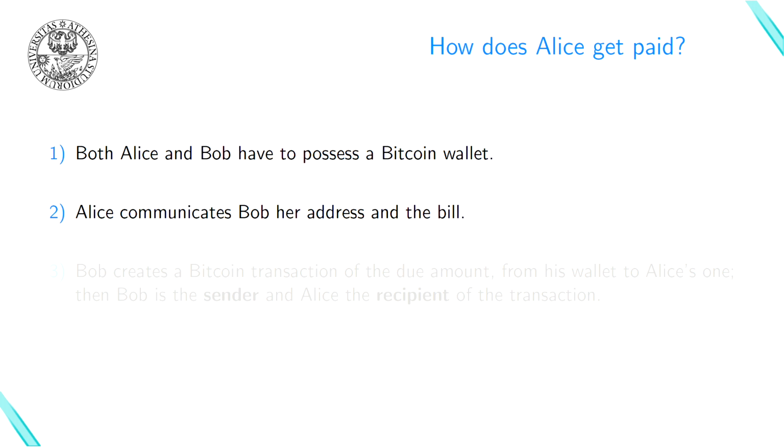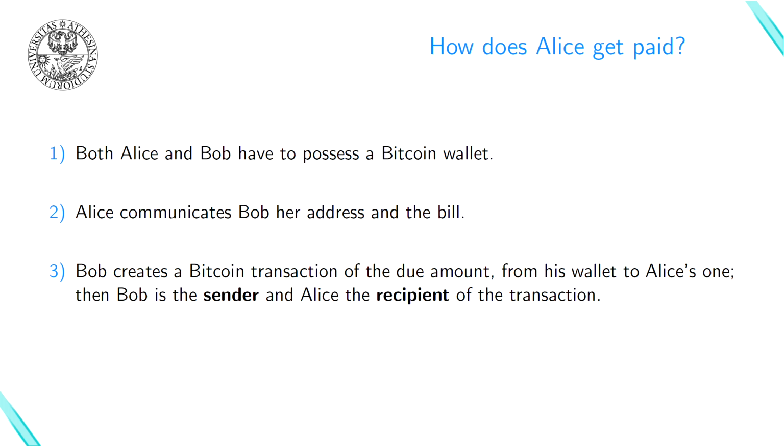Alice tells Bob the Bitcoin address of her wallet and the bill. At this point, Bob creates a Bitcoin transaction of the due amount from his wallet to Alice's. In our example, Bob is the sender and Alice is the recipient of the transaction. So we have a sender and a recipient.